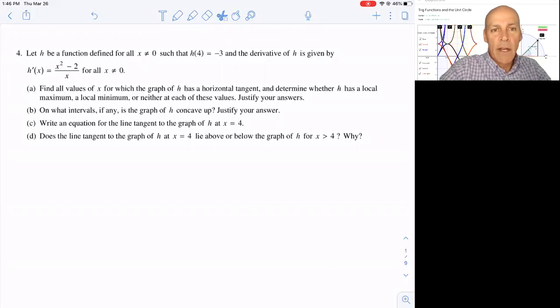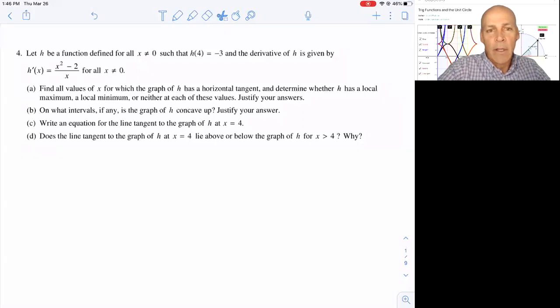Find all values of x for which the graph of h has a horizontal tangent and determine whether h has a local max, local min, or neither at each of these values. Justify your answers. B, on what intervals, if any, is the graph of h concave up? Justify your answer. Part C, write an equation for the line tangent to the graph of h at x equals 4.